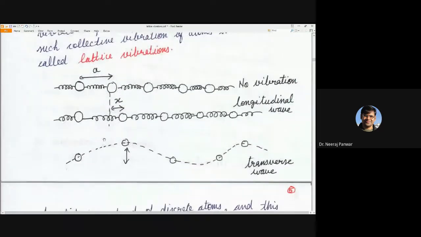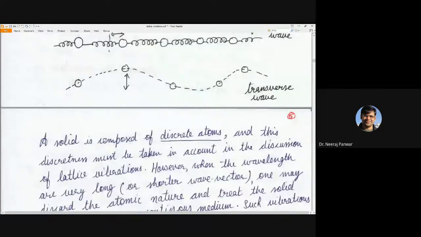So far so good. But a solid is composed of discrete atoms. The solid is not a continuum as it looks, but it is made of discrete atoms. Every atom is separate from another atom.